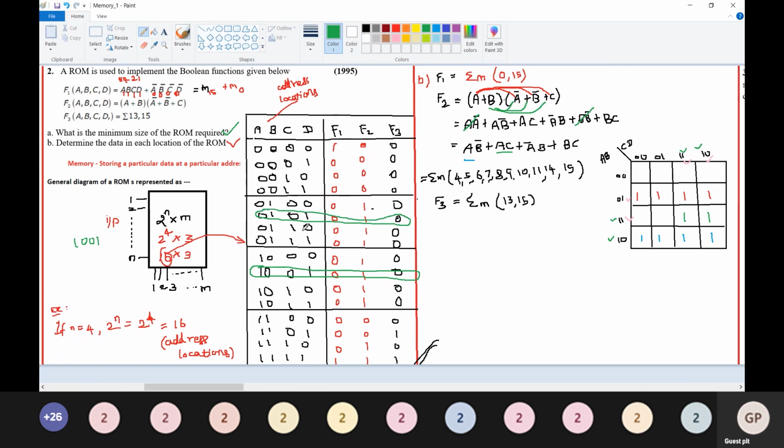So these are the data in each location of the RAM. Okay, so now move to the next problem.